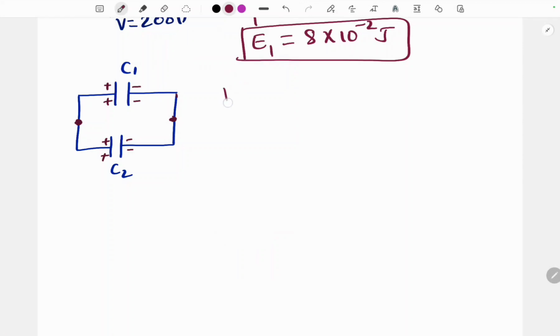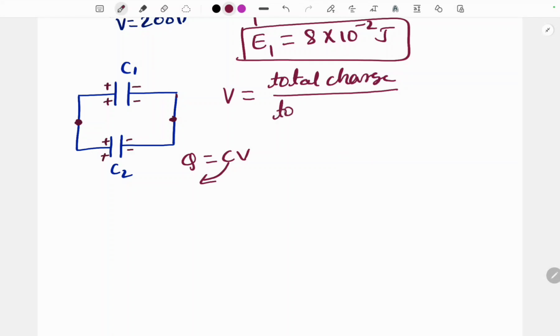Okay, now the potential across the capacitor is calculated by Q is equal to CV, we have already studied this. So V is equal to total charge by capacitance. So let me consider the total charge divided by total capacitance. This is the formula that you can make use of to find the potential difference between the capacitors in this particular case.